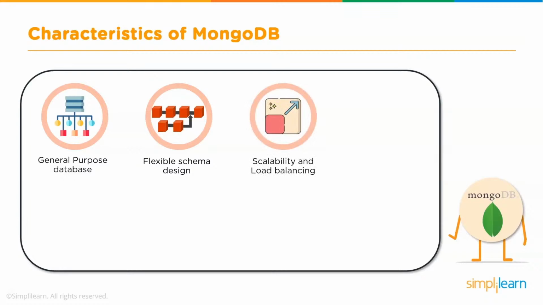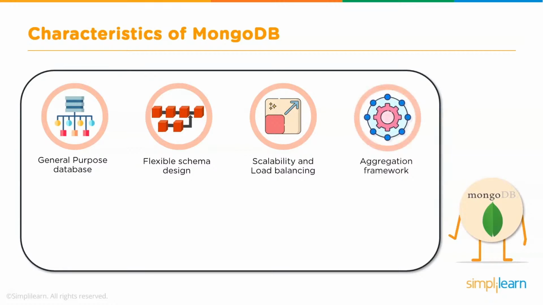Next up is scalability and load balancing. It's built to scale both vertically but most importantly horizontally. Using sharding, an architect can share load between different instances and achieve both read and write scalability. When it comes to load balancing, this happens automatically and transparently to the user by the shard balancer.